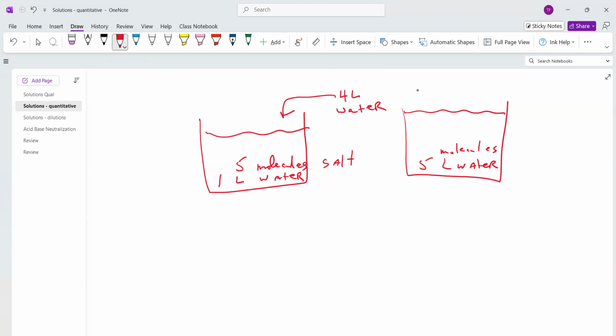I haven't put any more salt in there, right? So we started with 5, we threw in water, we still have 5.